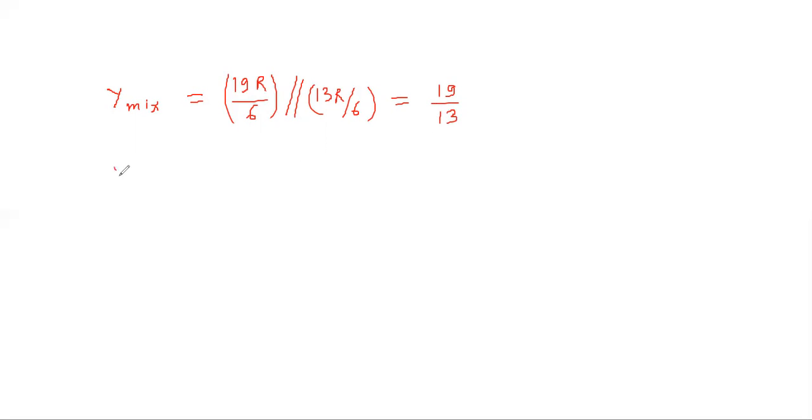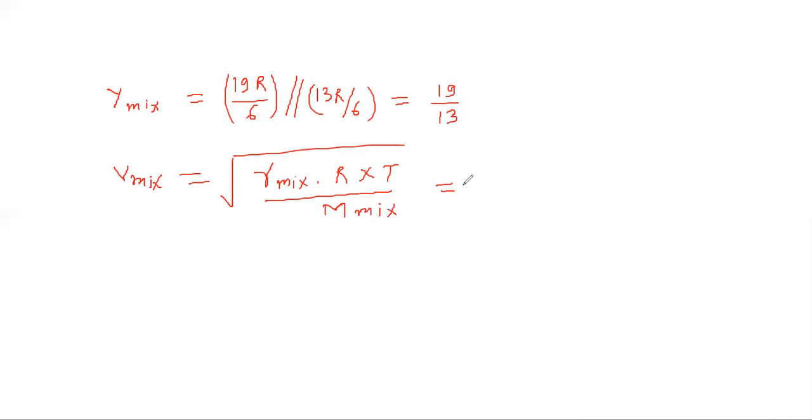Now we find V, velocity of mixture. So that is root of gamma of mixture times R times T divided by M mixture. We put the values. So 19 by 13 multiplied by 8.31 into temperature.